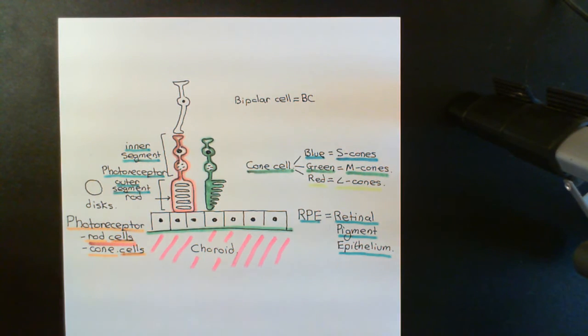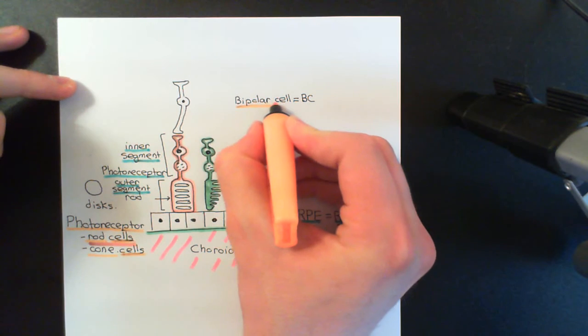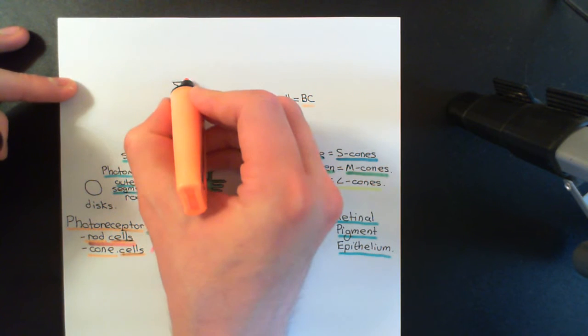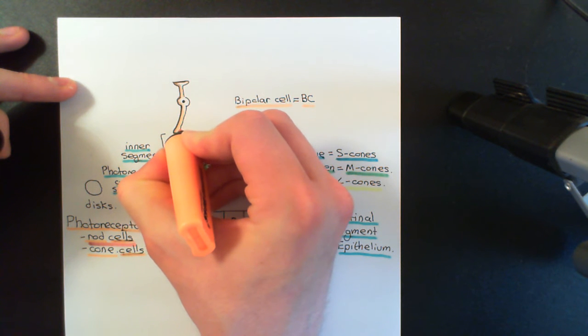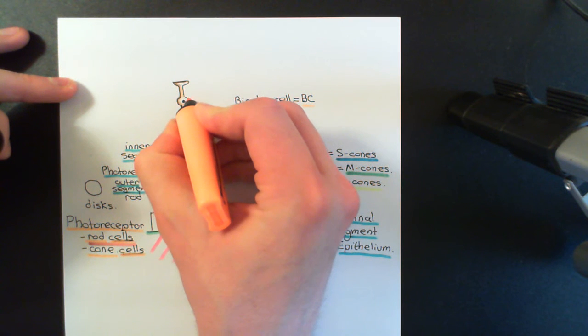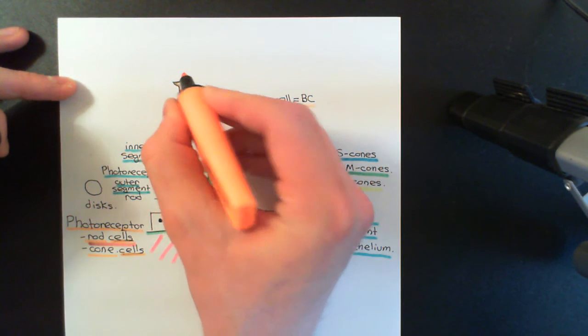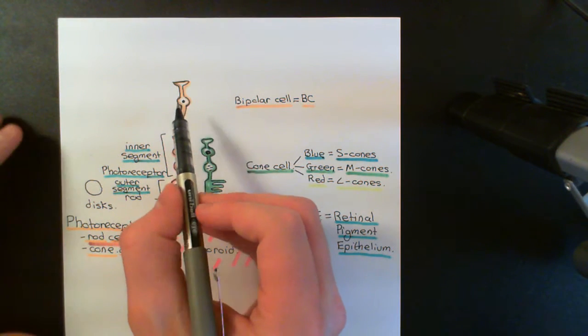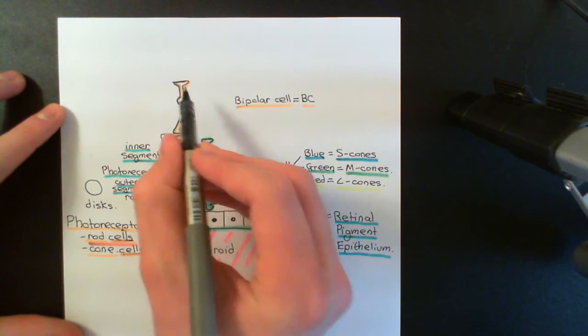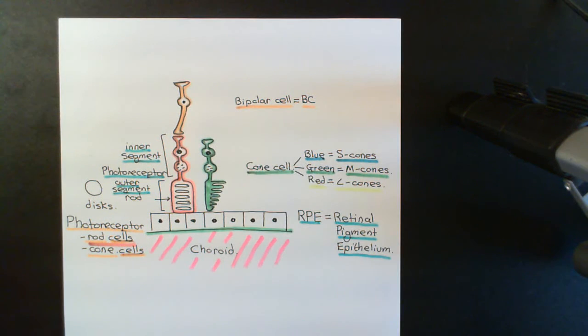Okay, so I'll colour in the bipolar cell in orange, like so. So here is our bipolar cell, and the reason it's called a bipolar cell is that it has two processes coming off its cell body. So here's the cell body of the bipolar cell, and you can see it's got two processes coming off, hence it has two poles, two sides, and hence why it's called a bipolar cell.